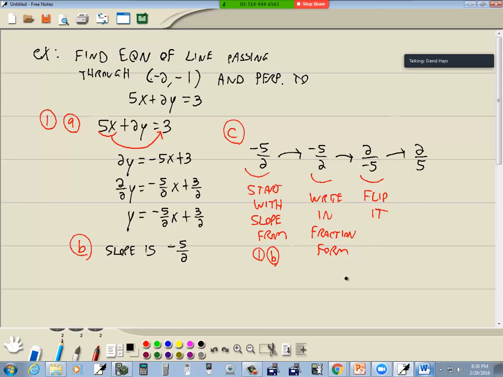So it goes from a negative 2/5 to a positive 2/5. Now once you get comfortable with it, it's fairly straightforward. You take your slope, you take the reciprocal of it, you flip it, change the sign. So the m we're trying to find is going to be positive 2/5, whatever number's over here.